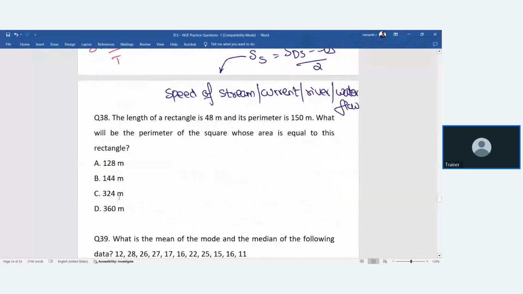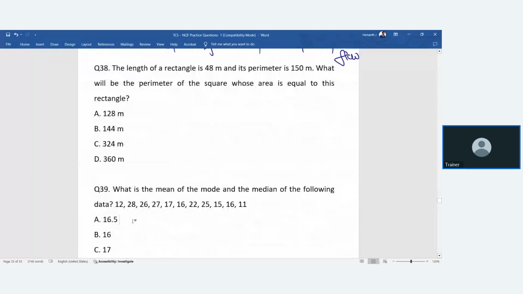I'll give time for you people. Let's solve these two questions. Options are also available to verify your answer. Go through both these questions.